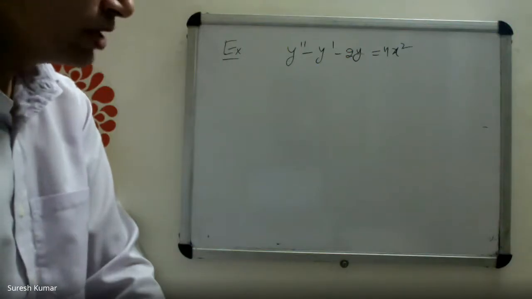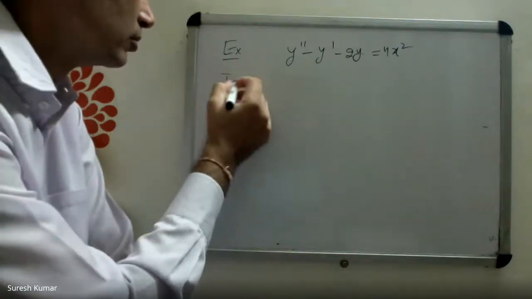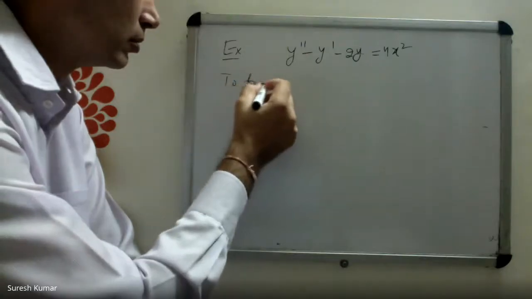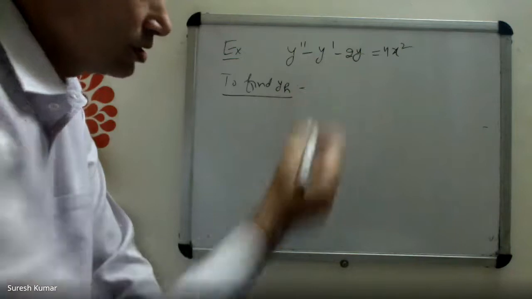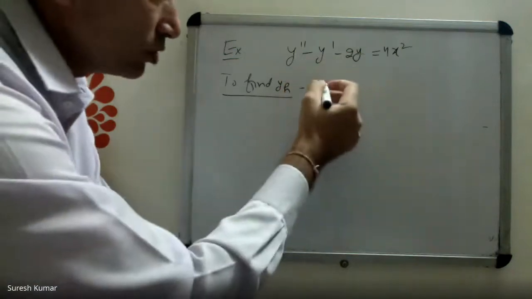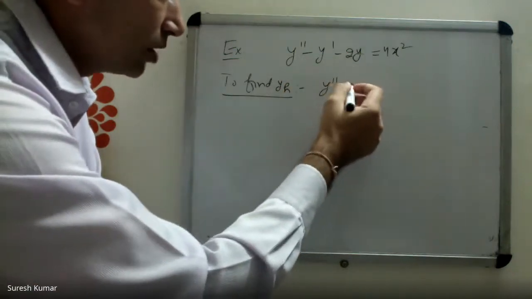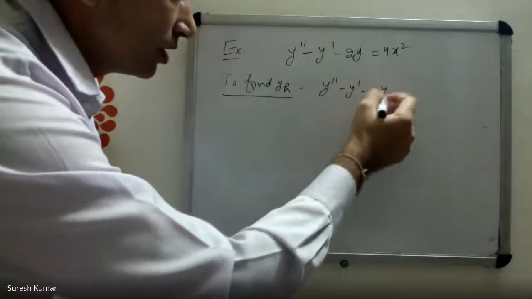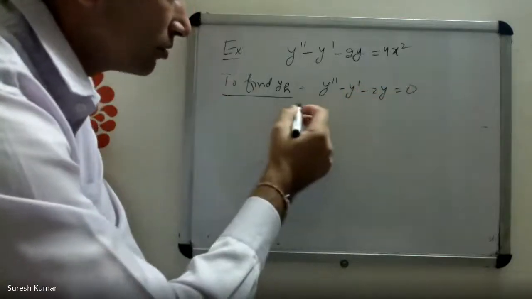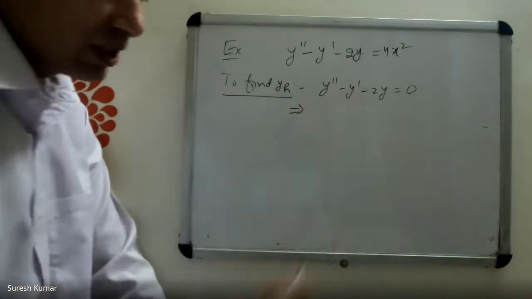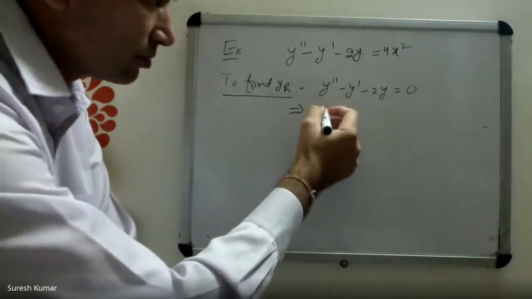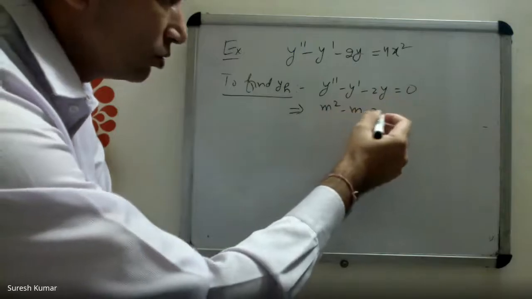So how to get yh? You need to consider the corresponding homogeneous equation y double prime minus y prime minus 2y equal to 0. After that, write the auxiliary equation because it is an equation with constant coefficients. So m square minus m minus 2 equal to 0.